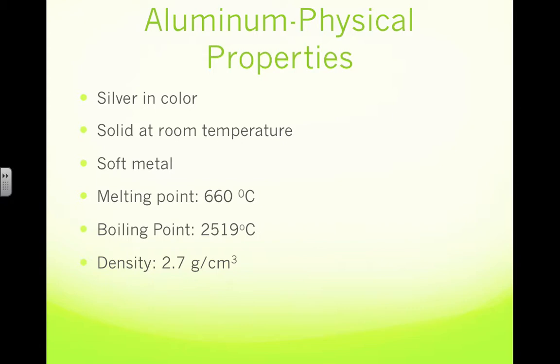Now, if we look at this, we can identify that silver in color is a qualitative physical property. Solid at room temperature is also a qualitative physical property. It's a soft metal, so we can use our finger to touch, using our senses, and we can determine that that is a qualitative physical property as well.